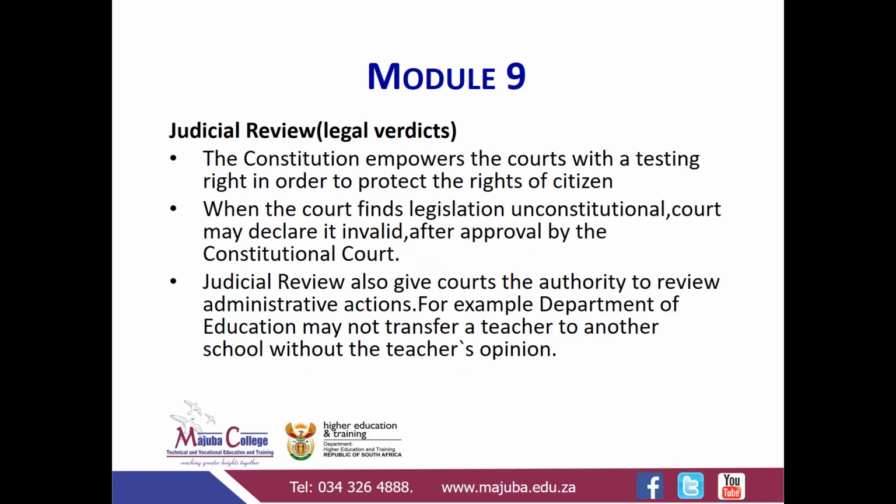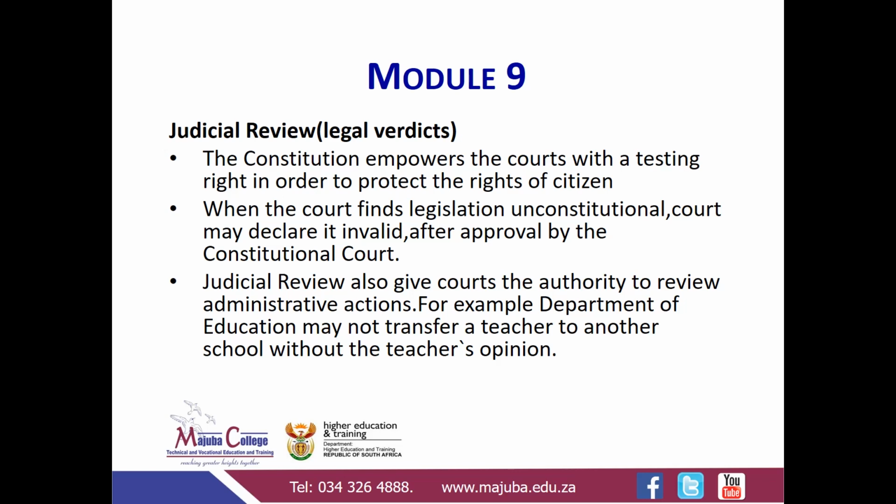The second source would be judicial review, that is the legal verdicts from the courts. The Constitution empowers the courts with a testing right in order to protect the rights of citizens. When the courts find legislation unconstitutional, the court may declare it invalid after approval by the Constitutional Court.